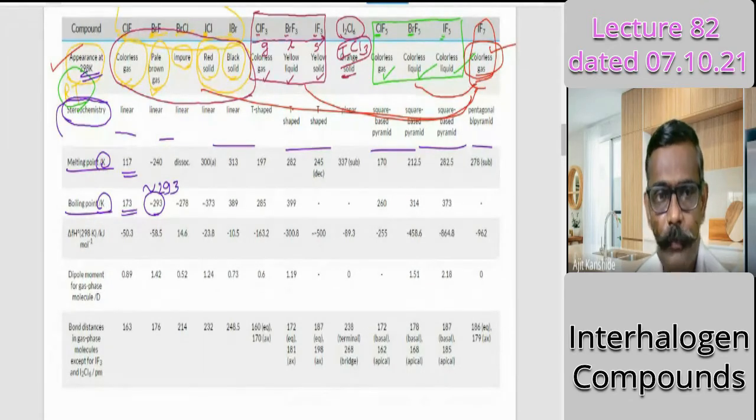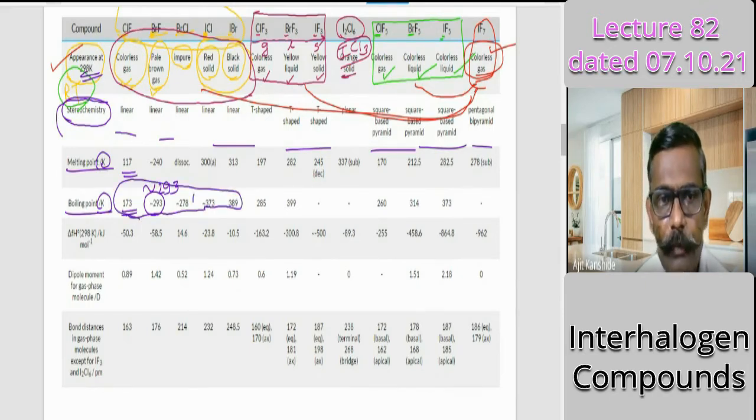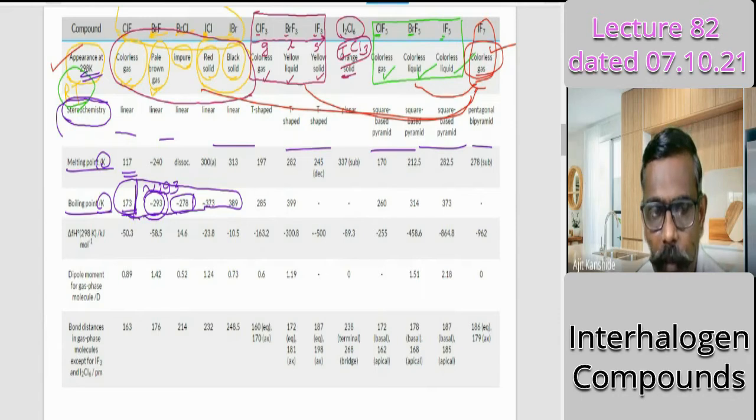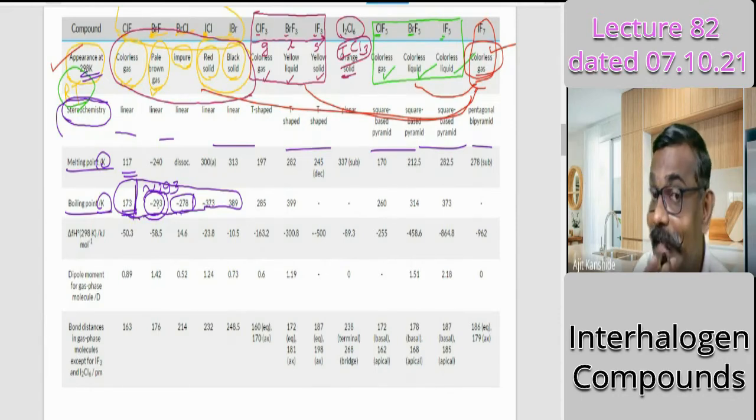Just for comparison purposes, I take the boiling points: 173, 293, 278, 300. If I talk about these 5, you will find some issue about chlorine fluoride, bromine monofluoride, and bromine monochloride. From fluorine, if you come to chlorine, the physical constant decreases.